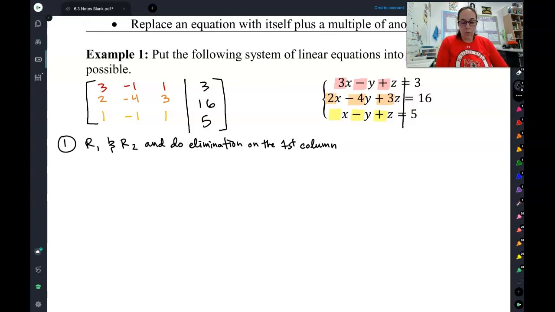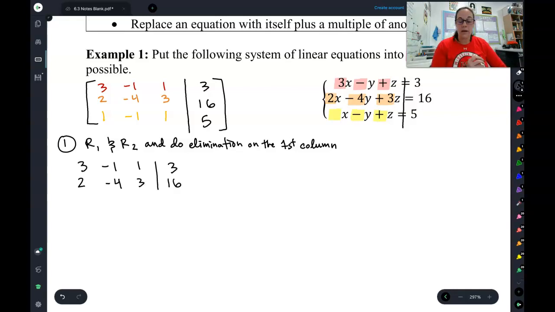So I'm going to take row 1 and row 2, 3, negative 1, 1, there's my line, 3, 2, negative 4, 3, 16. And I'm going to do elimination on the first column. Now, right now, I can't eliminate the first column. They don't stack up correctly. So I'm going to times this one by negative 2. I'm going to times this one by a positive 3. So then those things will stack up like I want to.